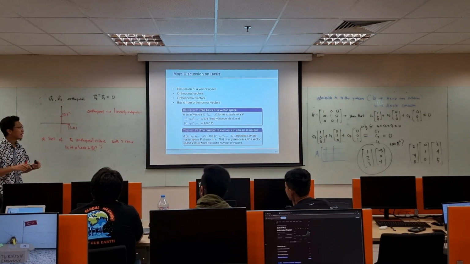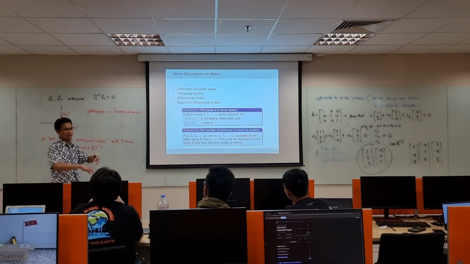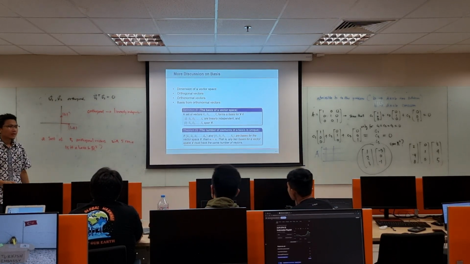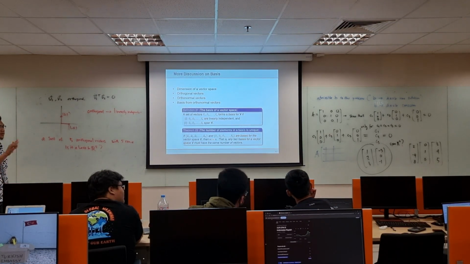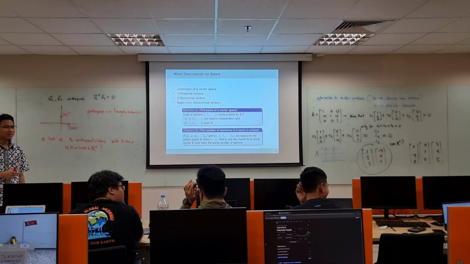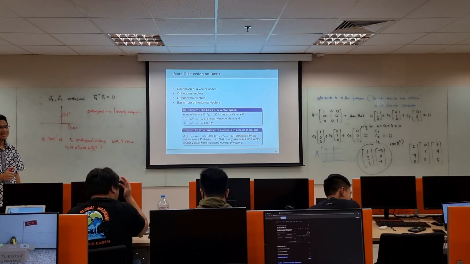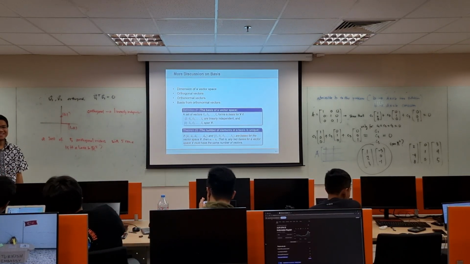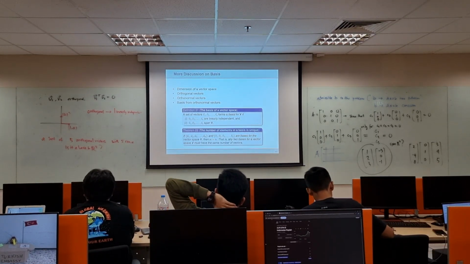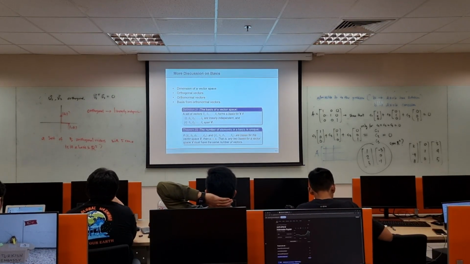You still use pivot in Gaussian elimination. It is correct that the number of pivots is the same as the number of linearly independent columns.